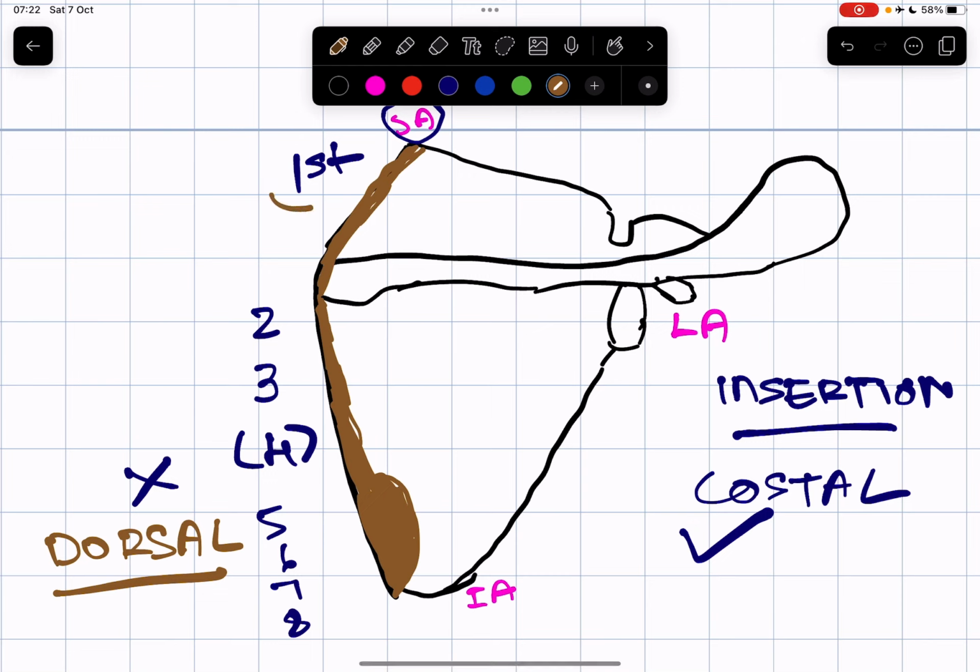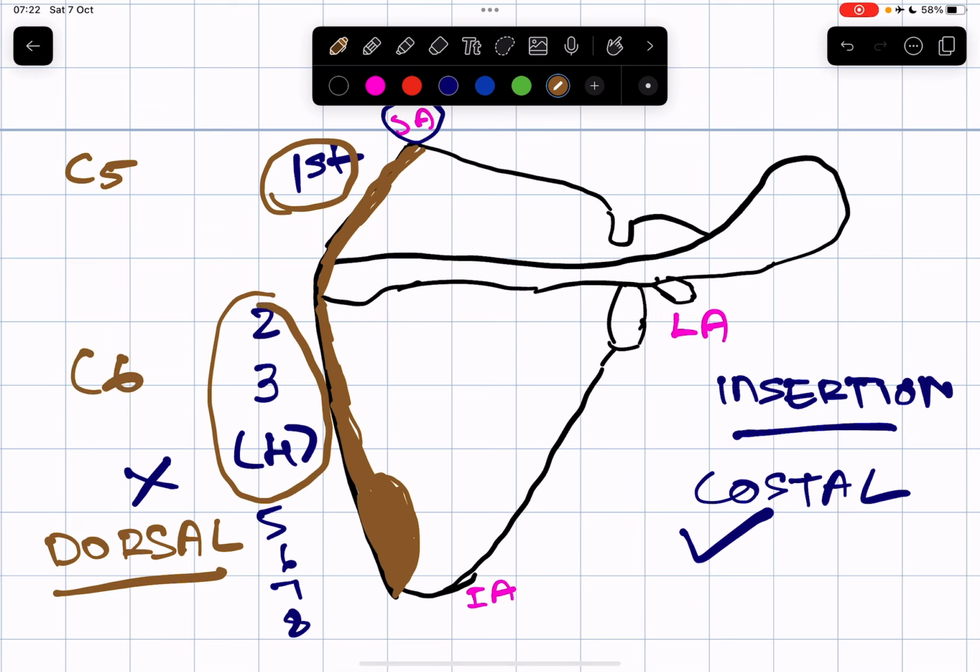So this first digitation is supplied by the C5 root. The remaining fibers are supplied by the C6 root, and these fibers are supplied by the C7 root.